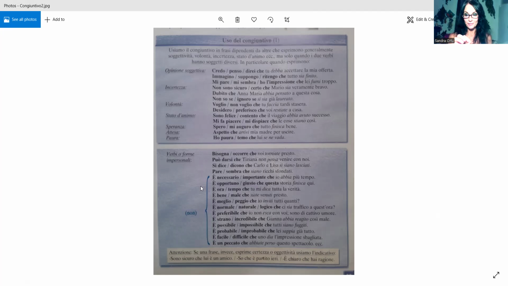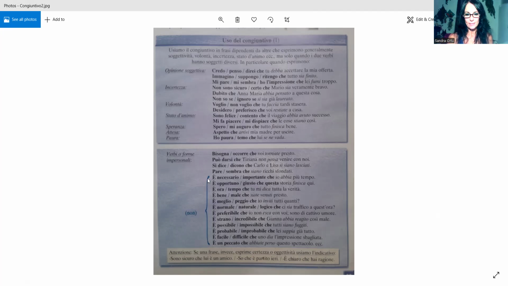And then more specific ones, starting with it is. È necessario, è importante che, it is necessary, it is important that, è opportuno, è giusto che, it is opportuno, it's a bit of a false friend.